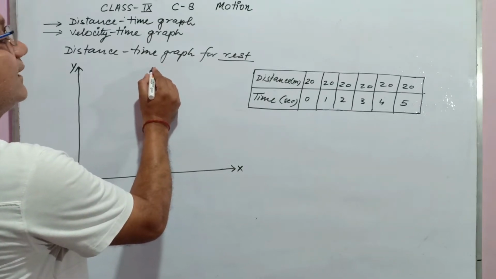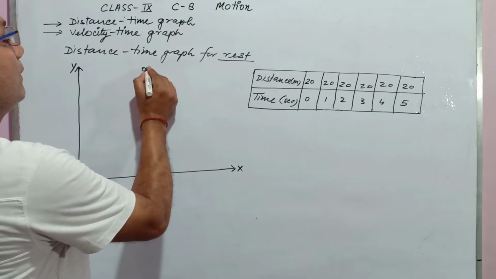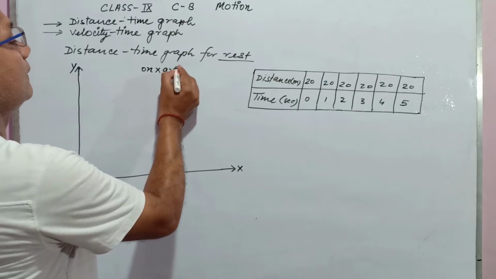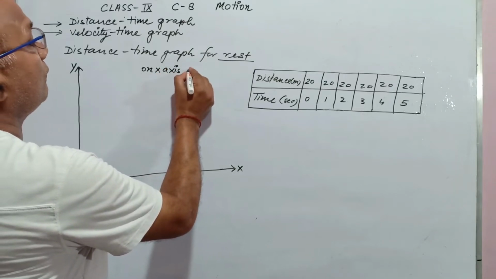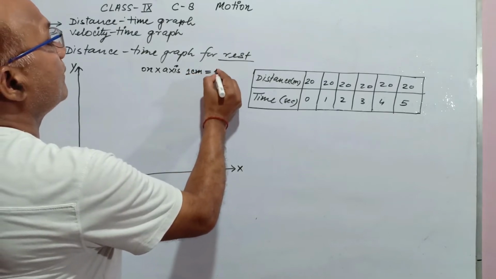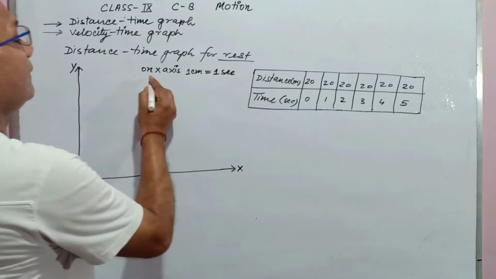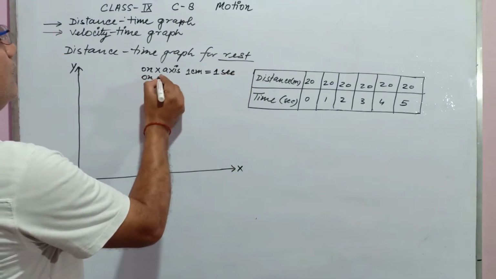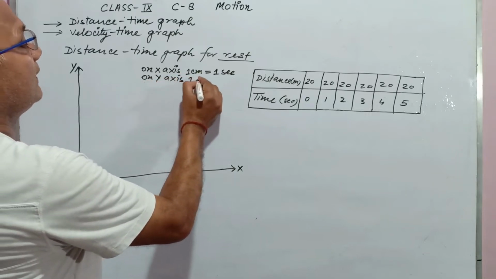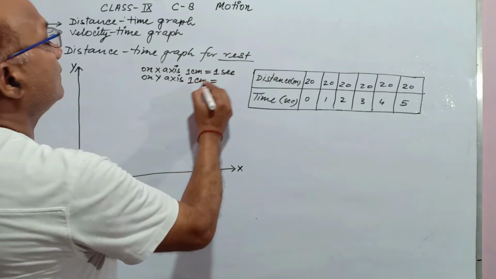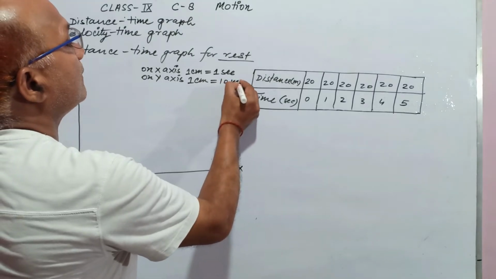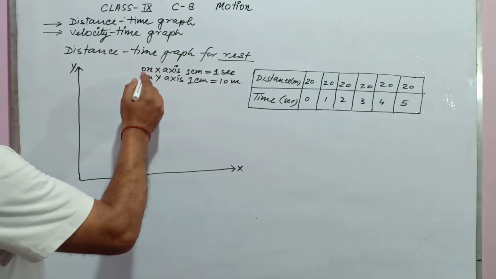So what is a suitable scale? On the x-axis, 1 centimeter equal to 1 second, and on the y-axis, 1 centimeter equal to 10 meter.